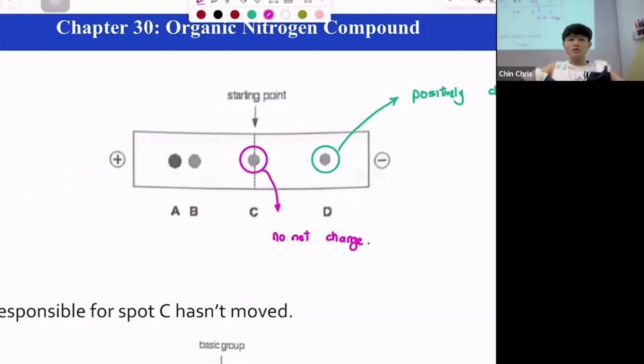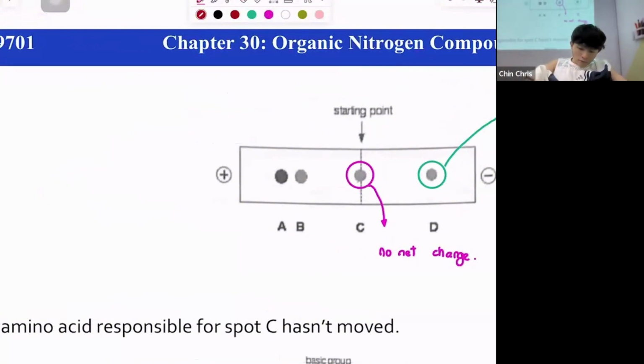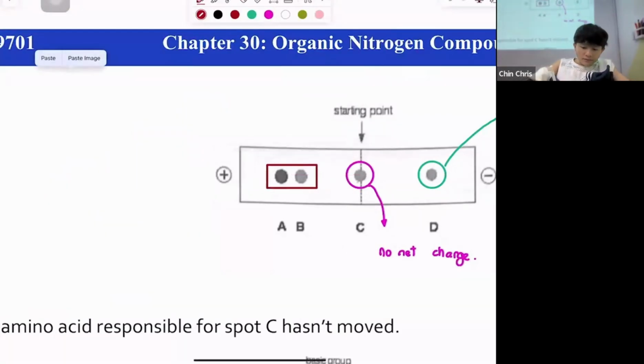Okay, guys, what can you deduce about A and B? They are what charge? Okay, so spots A and B are positive or negative charge?